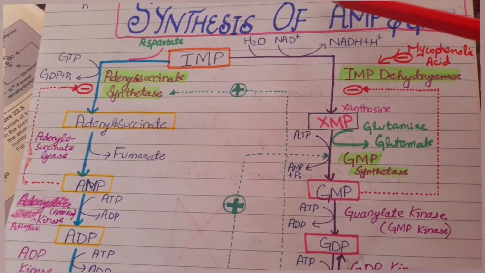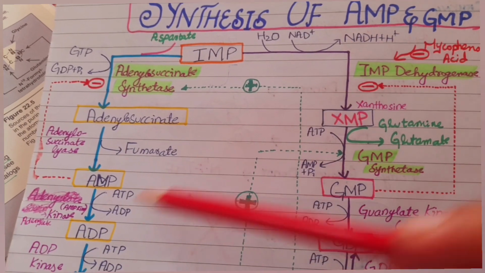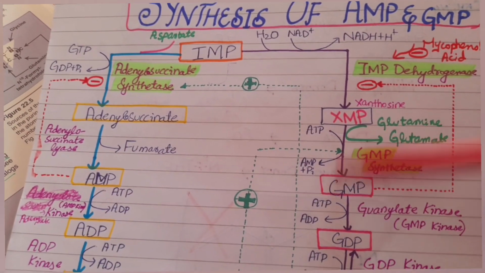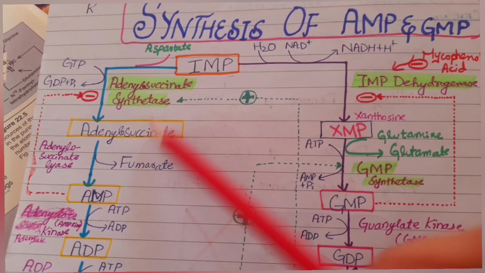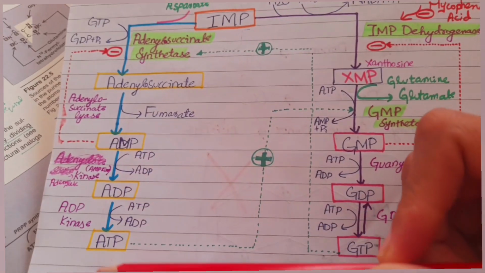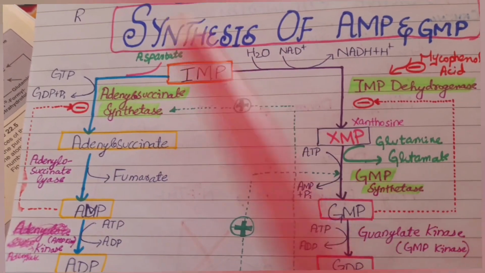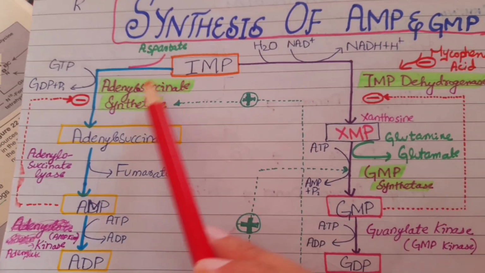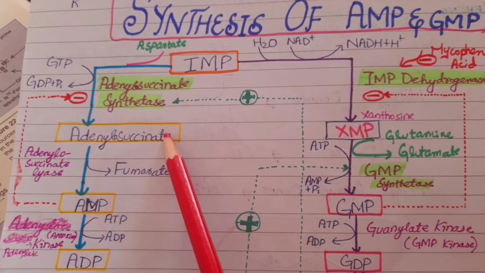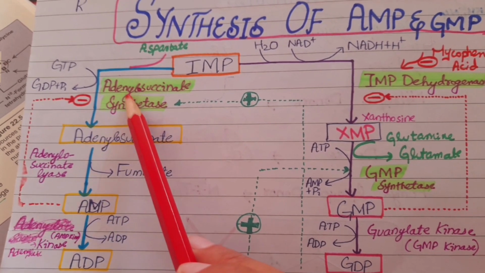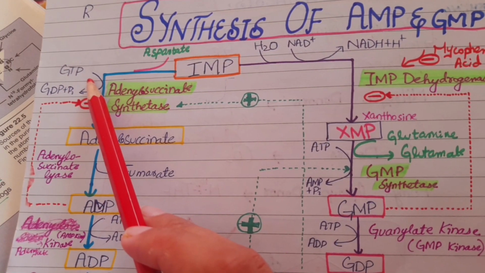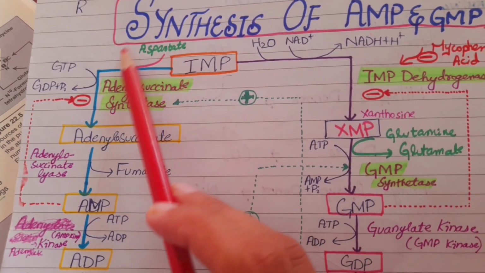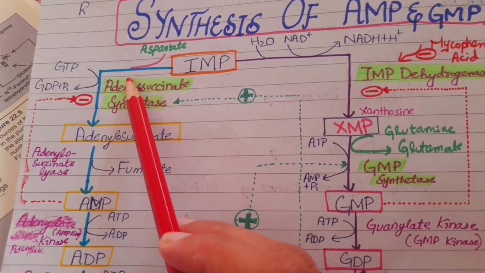Now let's see the steps that lead to the formation of AMP and GMP, and then we will further study the formation of GTP and ATP from these two. If we see the synthesis of AMP first, in the first step IMP is converted to adenylosuccinate by the enzyme adenylosuccinate synthetase, which requires GTP as the energy source, and in this step aspartate is used as a nitrogen source.